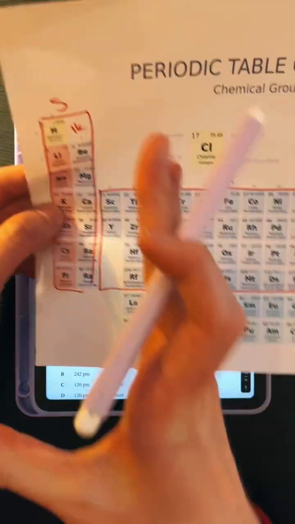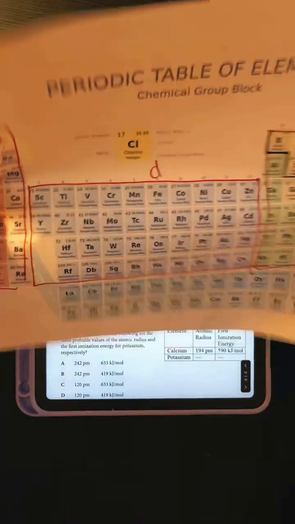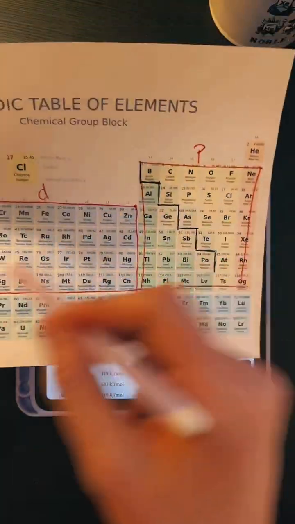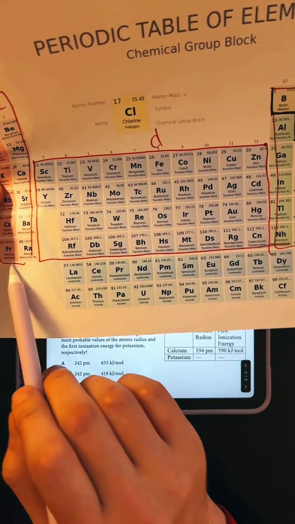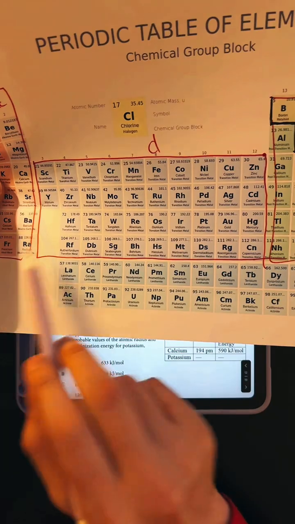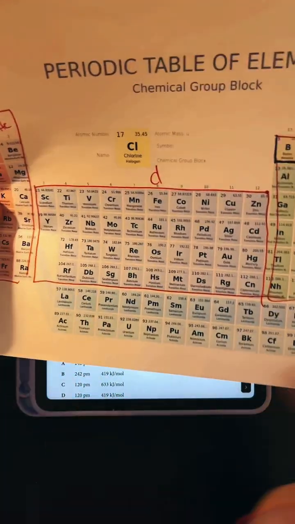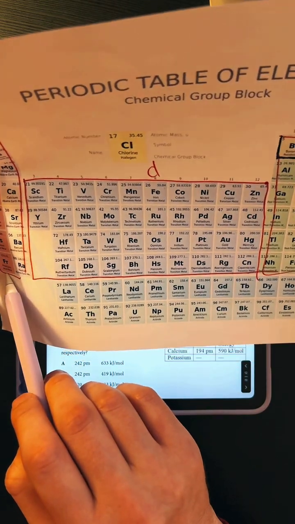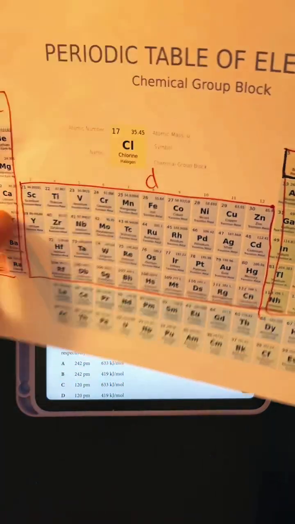Potassium has 4 shells. So we're getting bigger and bigger and bigger. And then the reason why it's this way is the effective nuclear charge is smaller. So it has to do with Z effective. So the further you go down and to the left, the bigger you get.